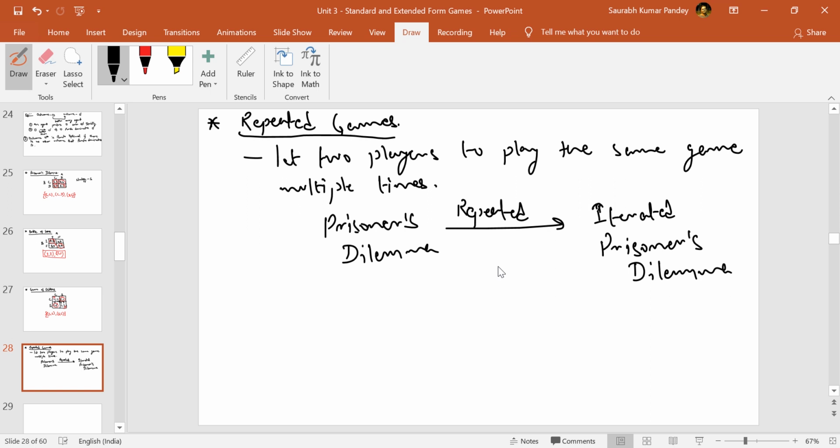So if a repeated game has a finite horizon, what does it mean? You are repeating the game multiple number of times, that is fine, but that multiple instances must be finite in nature. So why is it called horizon?